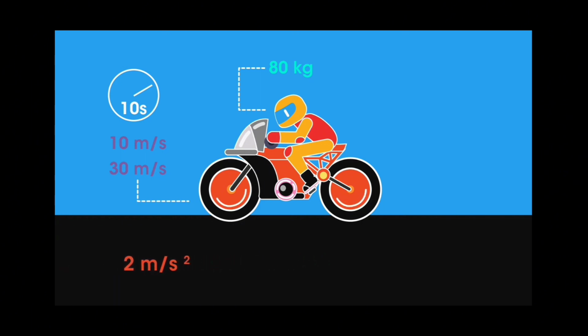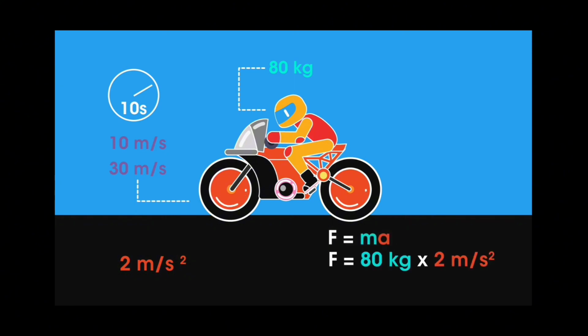Now we know the acceleration, we can calculate the force using the formula F equals ma. What are the units of the force? Force is measured in newtons, so equals 160 newtons.